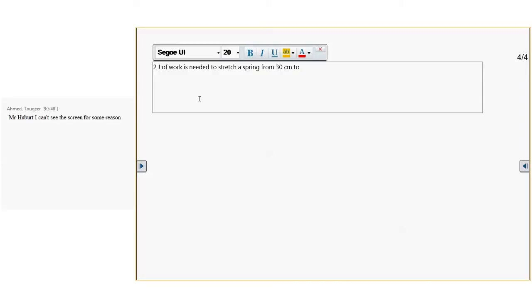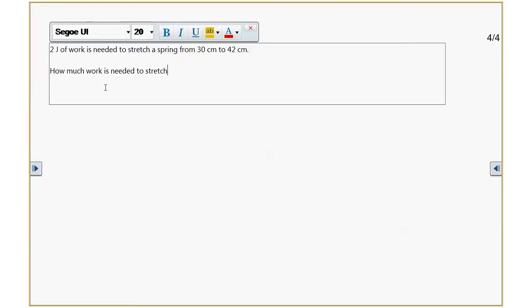Ahmed says he can't see the screen for some reason.